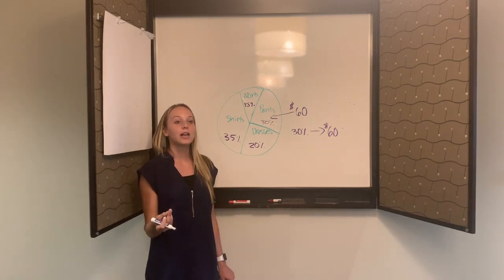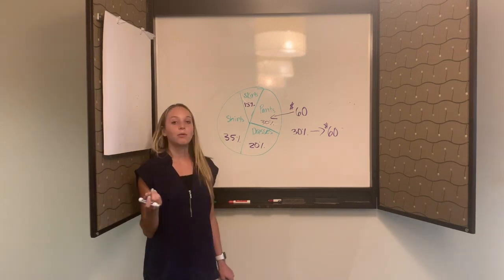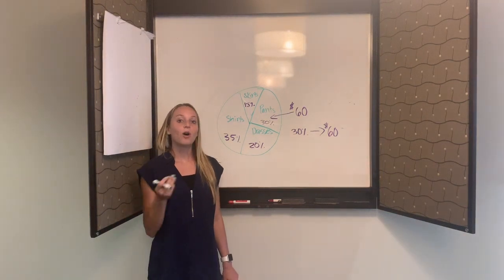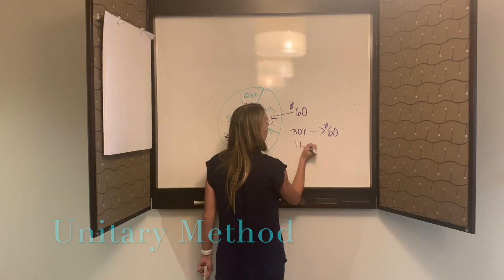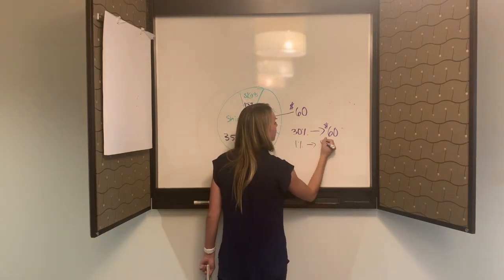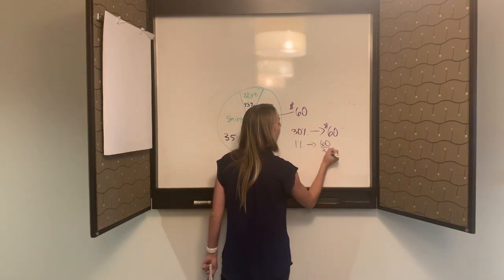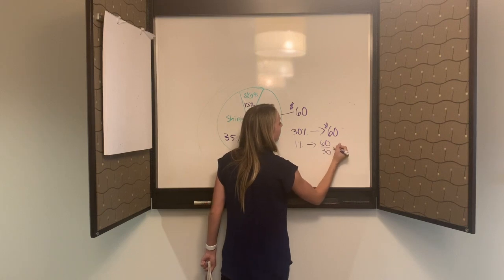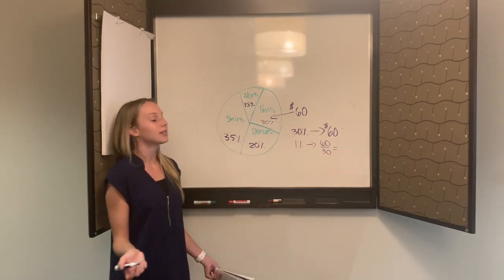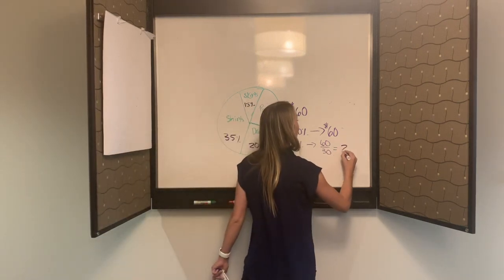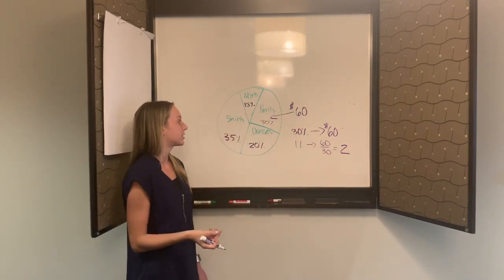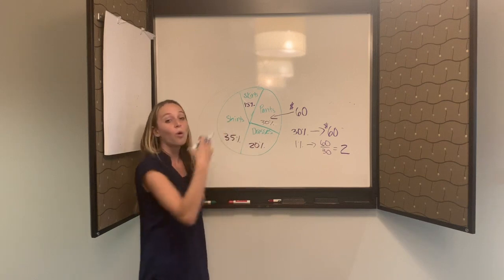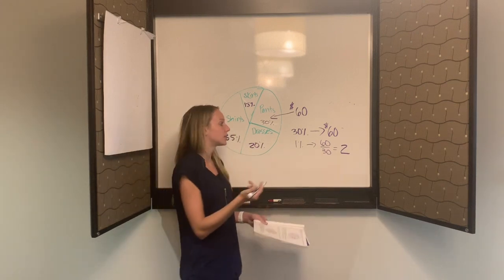What I would recommend doing first is I would do unitary method. So I would want to find out what would 1% be. So 1% would be 60 divided by 30. And 60 divided by 30, class, is 2. Okay, but now we need to find the total percent, which the whole circle is 100%.